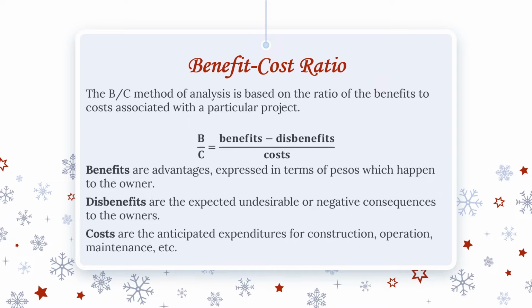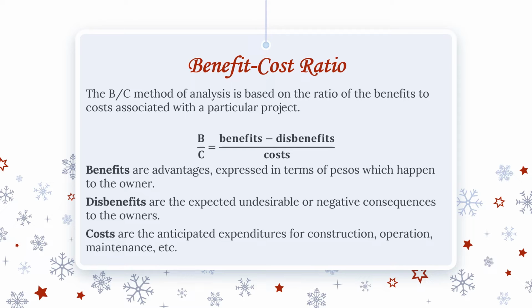Costs are all the anticipated expenditures for construction, operation, and maintenance. Cost is basically just the expenses, so you total all the expenses. Now, you have to make sure that the benefits, the disbenefits, and the cost are in the same timeline.